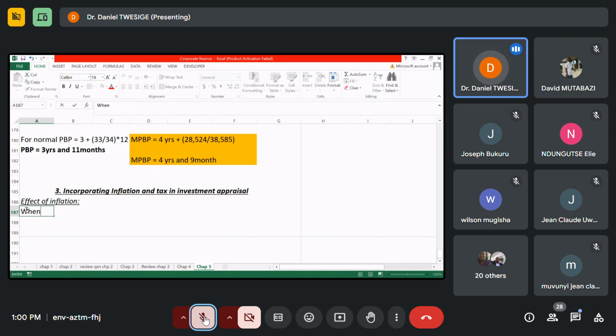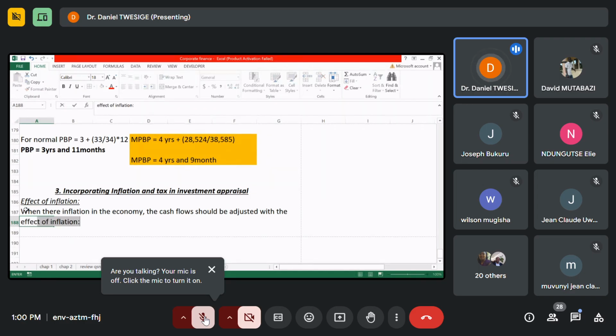When there is inflation in the economy, the cash flows should be adjusted with the effect of inflation. As long as you have inflation in your question, you must adjust your cash flows with the effect of inflation.